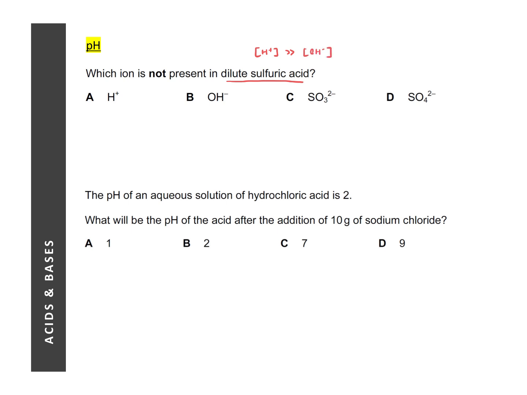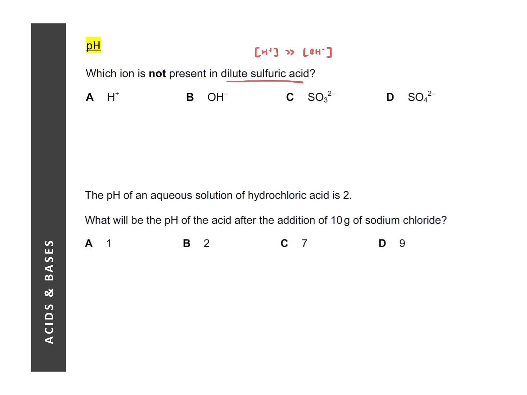However, it doesn't mean that there are no hydroxide ions present. This is due to a reaction of water called autoionization of water. So no matter how strongly acidic a solution is, there will still be trace amounts of hydroxide ions present. Similarly, in very strongly alkaline solutions, there will still be trace amounts of hydrogen ions present.